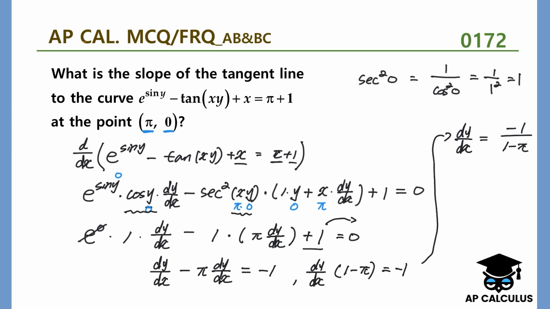Well, we can rewrite this as 1 over pi minus 1, because 1 minus pi, if we switch this to pi minus 1, is equal to negative times (pi minus 1). So negative 1 over negative (pi minus 1) is 1 over pi minus 1.